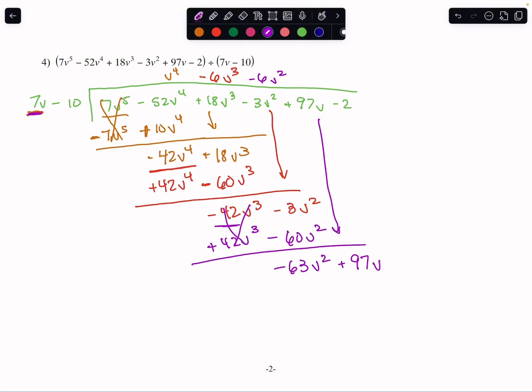Negative 9v times 7 is negative 63v squared. And then that negative 9v times negative 10 is going to be positive 90v. Now we got to go through and go ahead and change the signs. Change that sign, change the sign. And then positive 97v minus 90v is going to be a total of 7v.